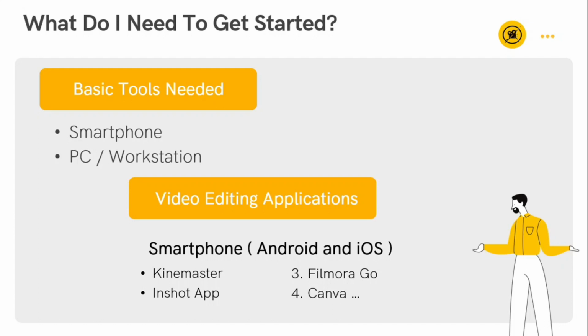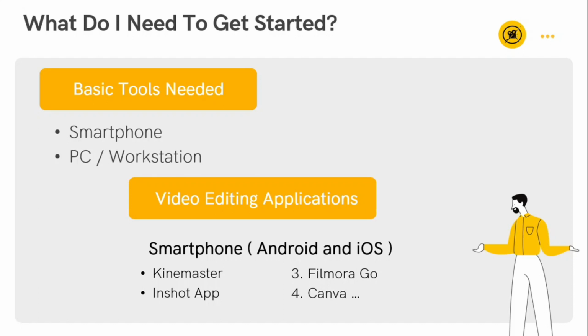So I feel KineMaster is like the strongest out of them because it works like some other applications that we have on PC, because it has features which some of these other video editing applications don't have. So for me, I feel the best video editing application out there on mobile devices, Android and iOS, is KineMaster.